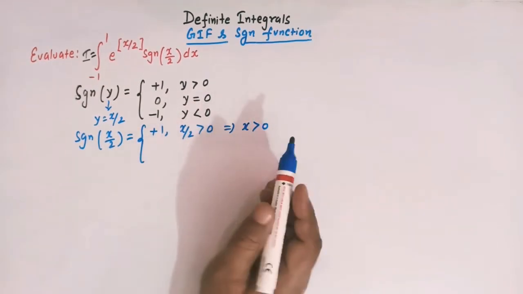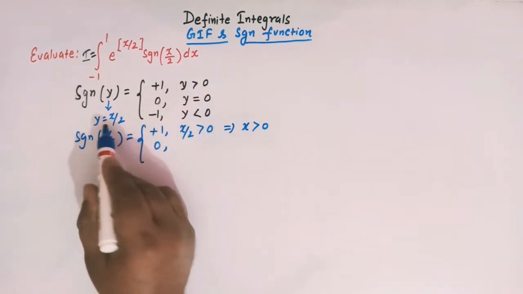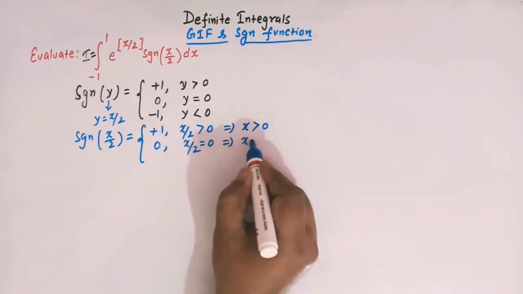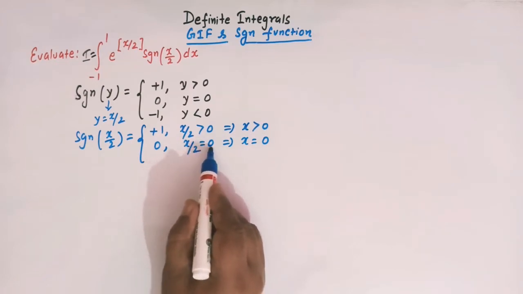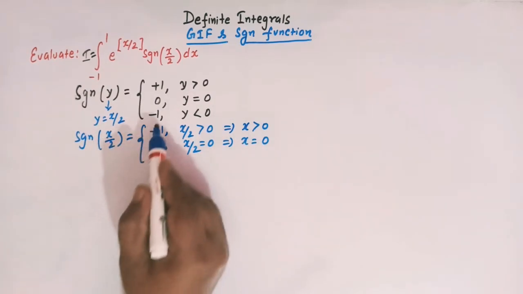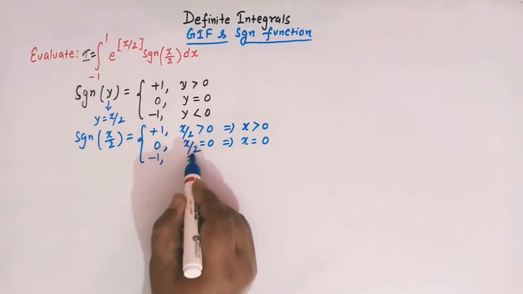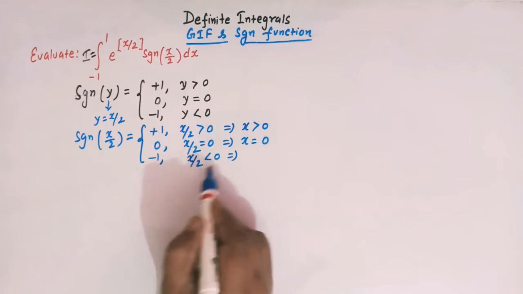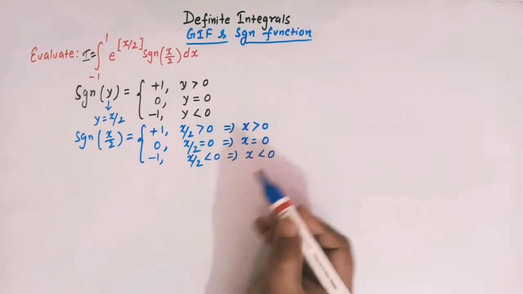Now this is an inequality, so we can write x over 2 greater than 0 as x is greater than 0, right? Okay, now signum of x over 2 will take the value 0 whenever y is 0, and here y is x over 2, so we have x over 2 is equal to 0, so x is equal to 0, because this is a linear equation, so x over 2 is equal to 0 implies x equal to 0, and signum of x over 2 is equal to -1 whenever y is less than 0, so y is x over 2, so x over 2 is less than 0, and this is again an inequality, so x over 2 less than 0 implies that x is less than 0, right?